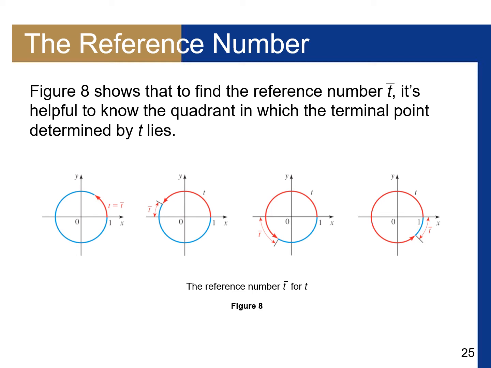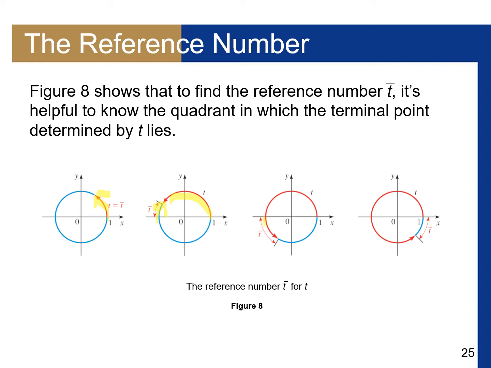So figure 8 shows what the reference number t-bar is, to know the quadrant in which a terminal point lies. Here, if I have t equals my t-bar, I also have to remember that if I come around this far, this is also the same distance going this way as right here.